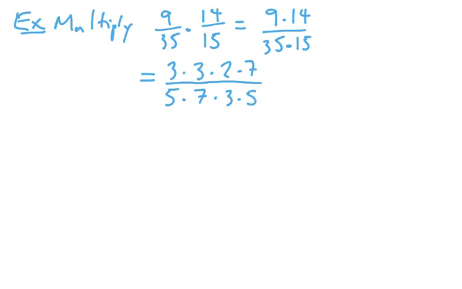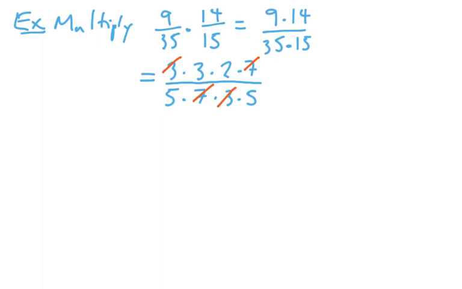So I factor everything. And when I do that, I see common factors between the numerator and denominator that can be divided out. Definitely what you want to do. Let's take a look for those. I see a 3 in the numerator that could divide with the 3 in the denominator. There'd still be a 3 left. Only one of them can divide out. I also see a 7 in the numerator that can divide a 7 in the denominator.